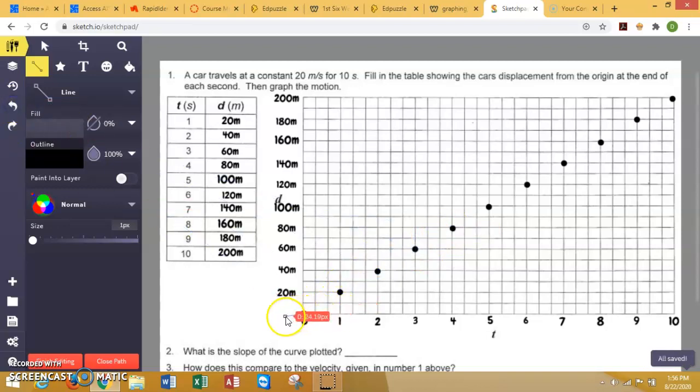We draw what's called a best fit line. A best fit line, what happens is you take your data, however perfect or imperfect it is, and you try to get that line to go through as many points as you can, but you want about half the points to be above the line and half the points to be below, and it's not going to be perfect. It's called a best fit. It's an approximation.